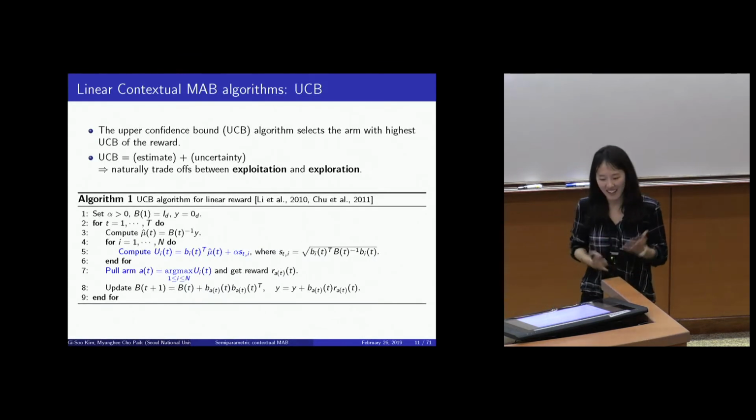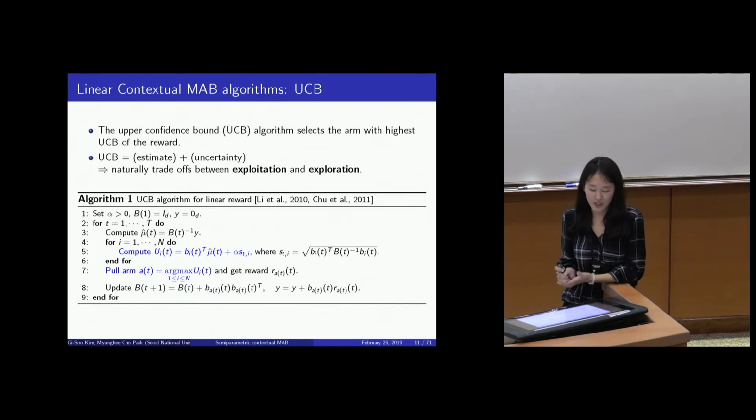So I will briefly review the existing linear algorithms, for comparison purposes with our proposed method. The first one is the well-known upper confidence bound algorithm, also called the UCB algorithm.